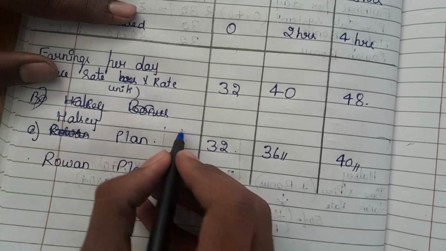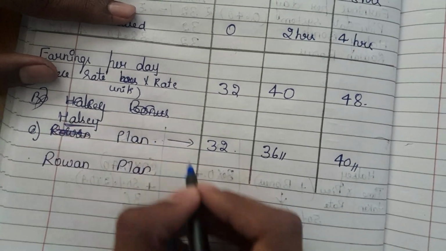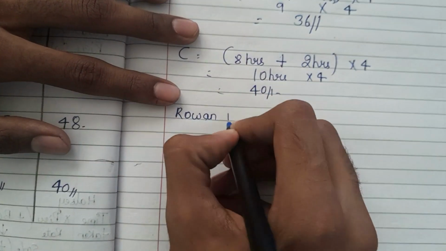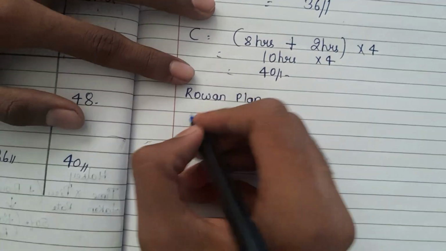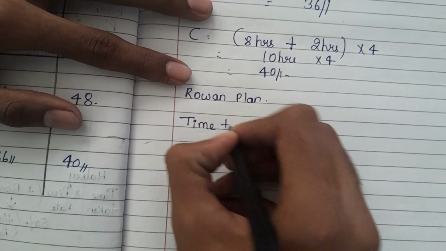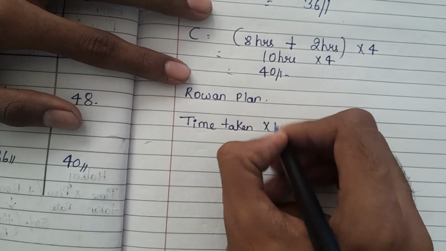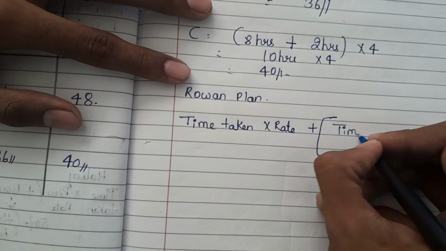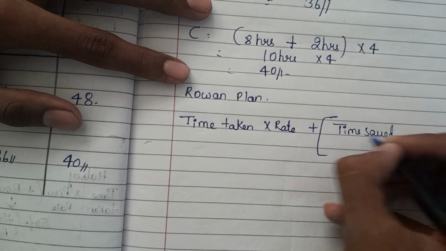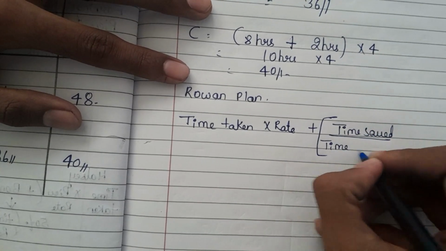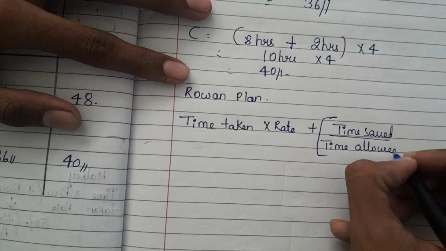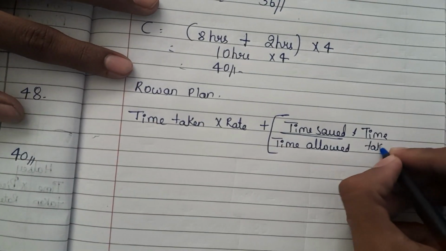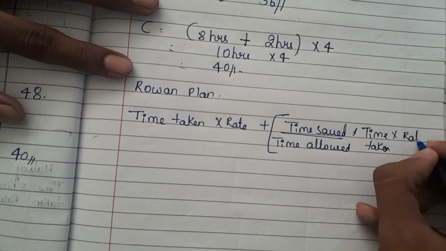Whatever we did so far is based on the Halsey plan. Now the Rowan plan. What is the formula for the Rowan plan? It is time taken into rate, plus time saved divided by time allowed into time taken into rate.